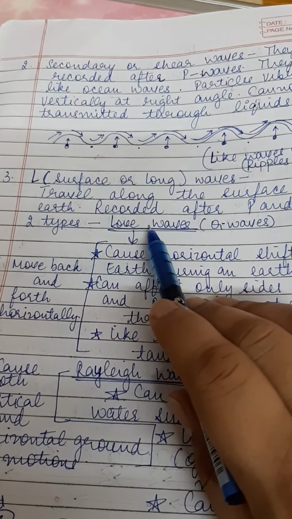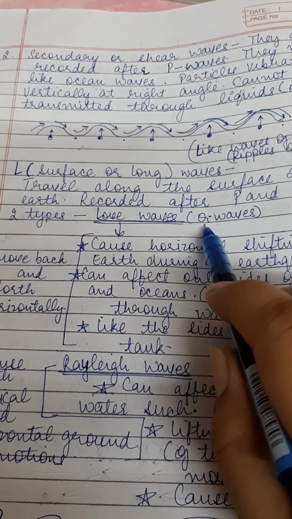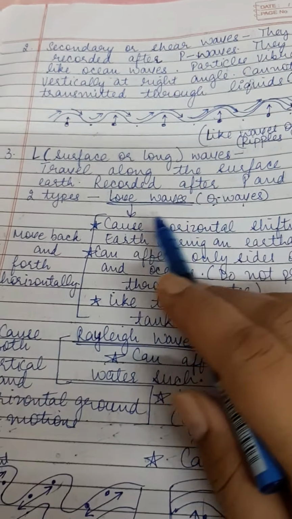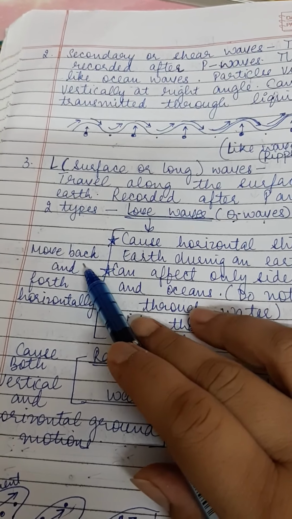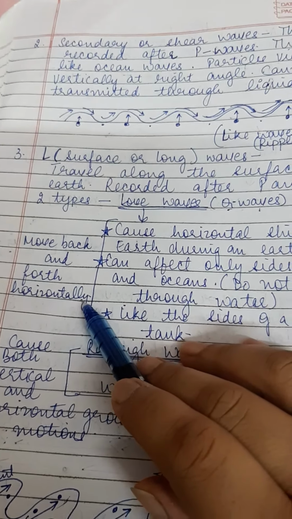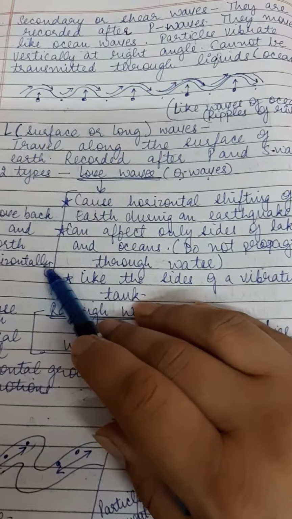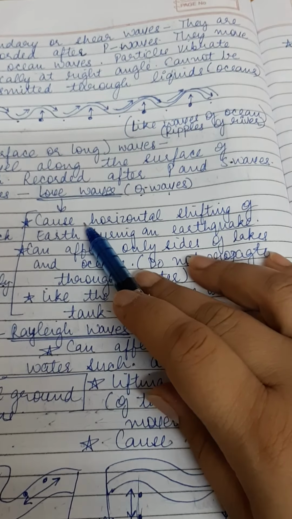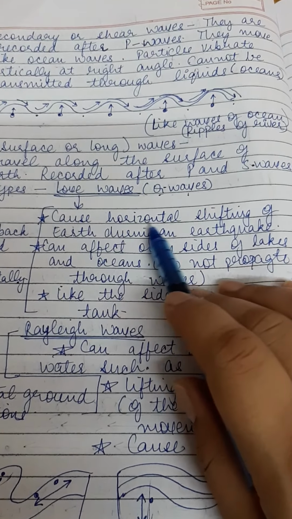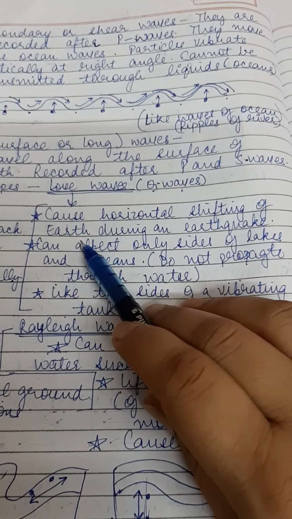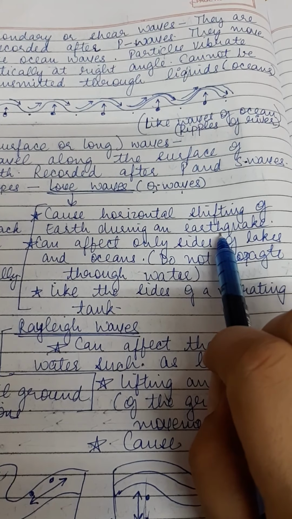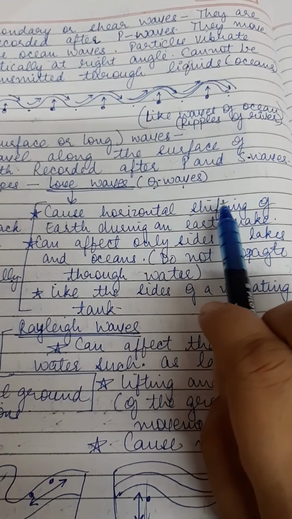It is again of two types: love waves, which is also called Q waves. Love waves means moving back and forth horizontally. With the diagram, it will be clear to you. Let us see some points first. Love waves cause horizontal shifting of earth during an earthquake. That is the movement of plates.